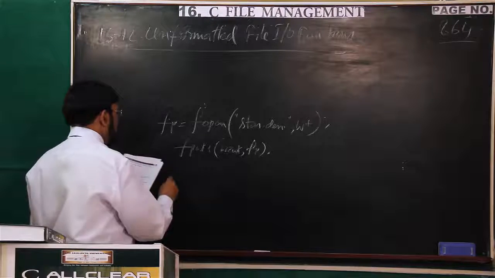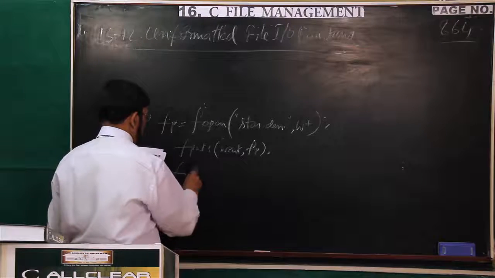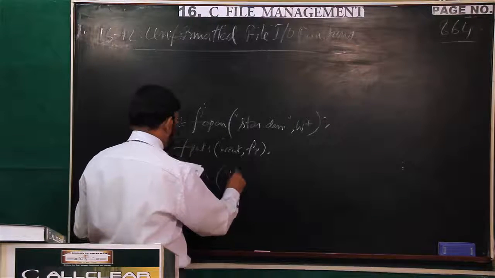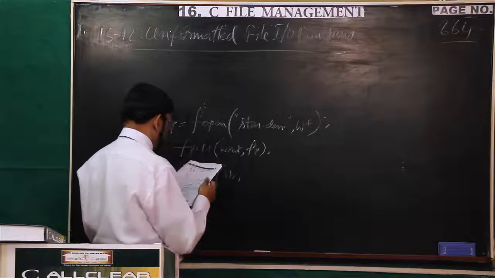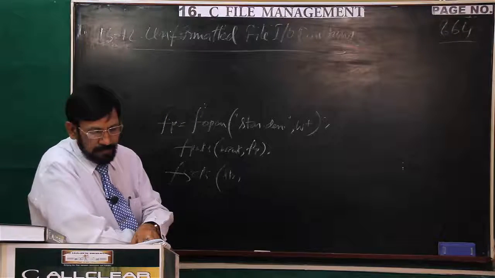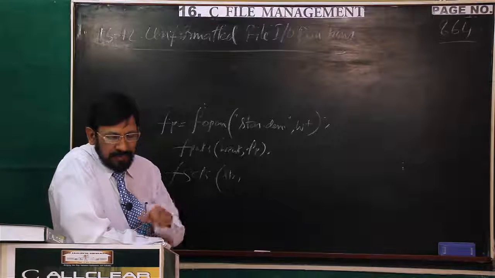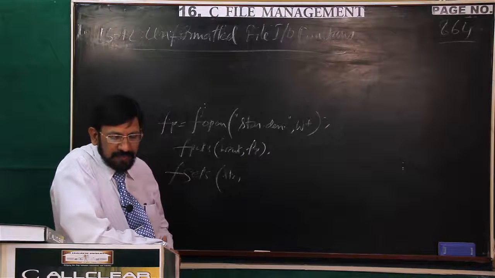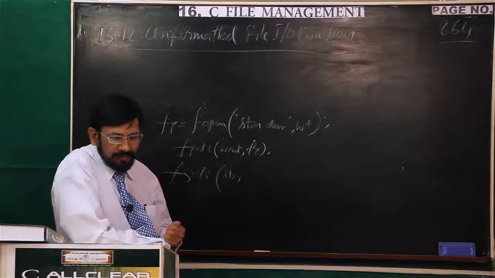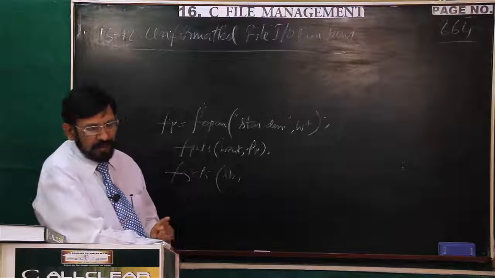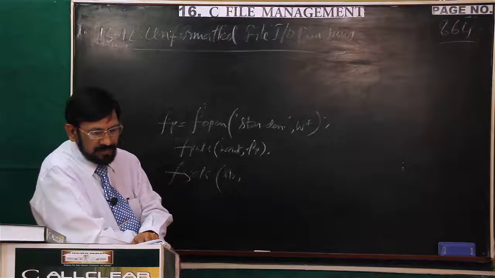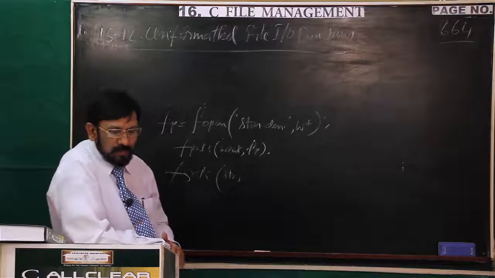Then what are you doing? fgets. fgets string, len string plus 1, fp. This is the syntax. According to that, you are reading the string and writing the same string on the monitor screen.